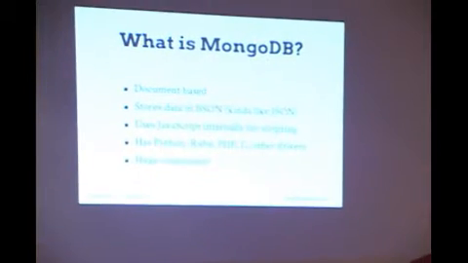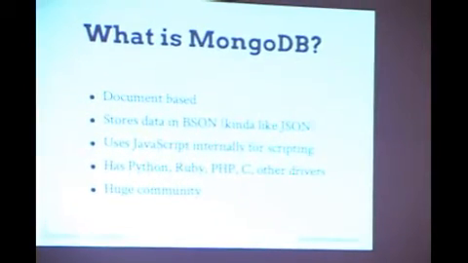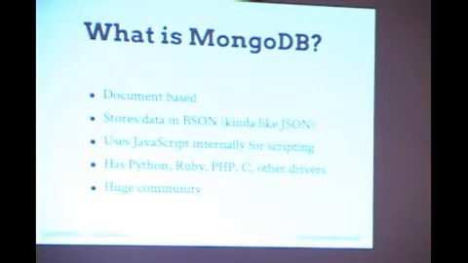That means that rather than store records with defined attributes per row, it stores everything in something that looks like JSON, or BSON, which is similar to JSON. And with that, it uses JavaScript internally for scripting and querying. It has bindings for everything, and like Django and Python, it's got a huge community behind it.